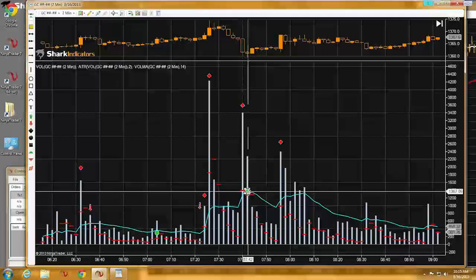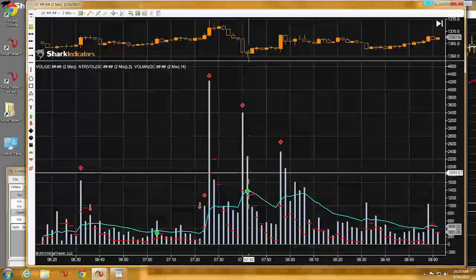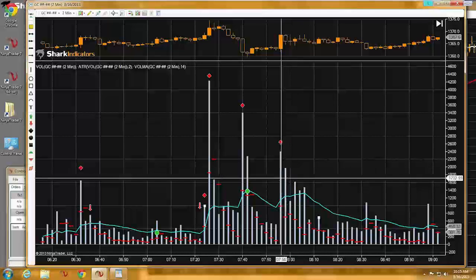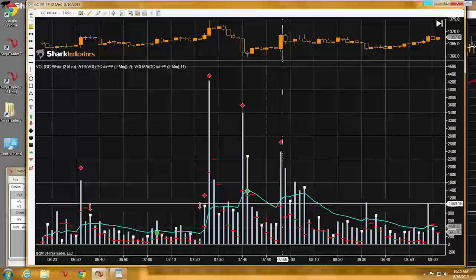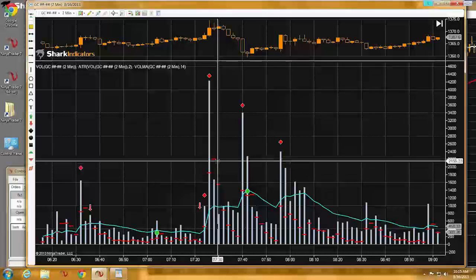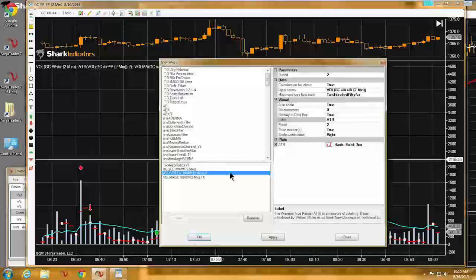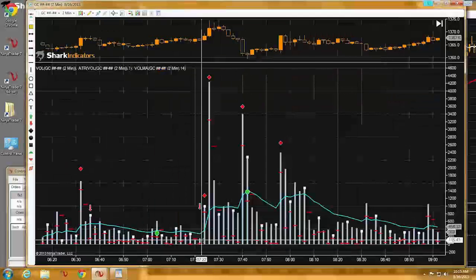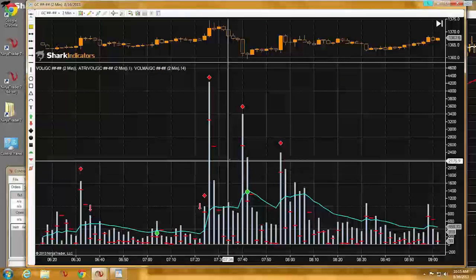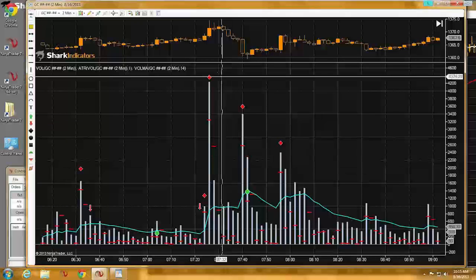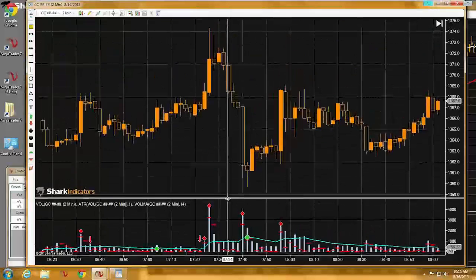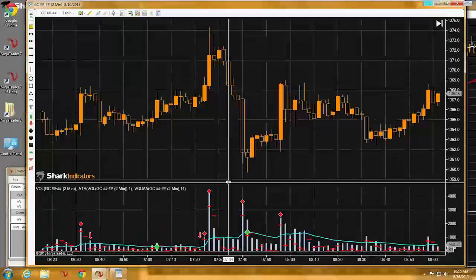Let's see, yep. This one is invalid. And oh, so this one didn't qualify anymore because our ATR is below the moving average. All right, so let's set the ATR back to a 1 period. There. All right, so we'll go with those parameters for now, and then we can check it further on.